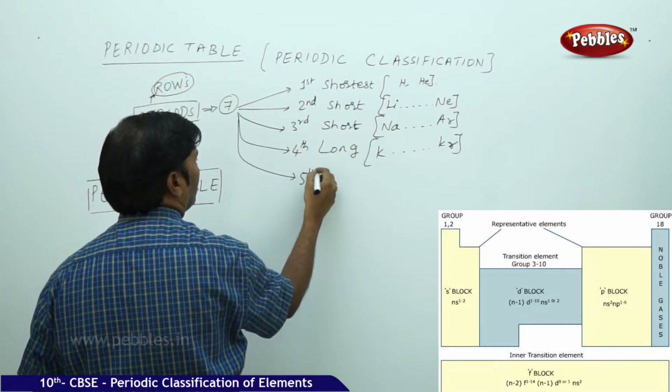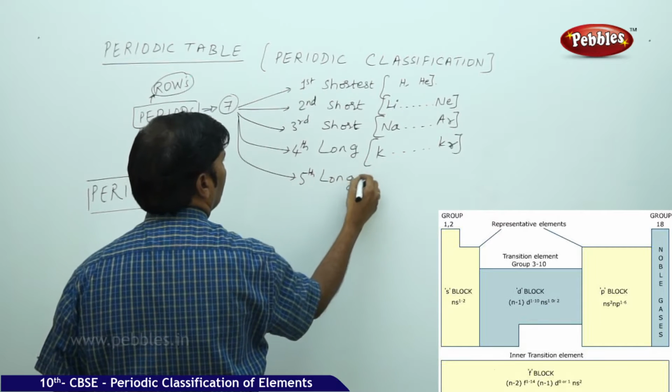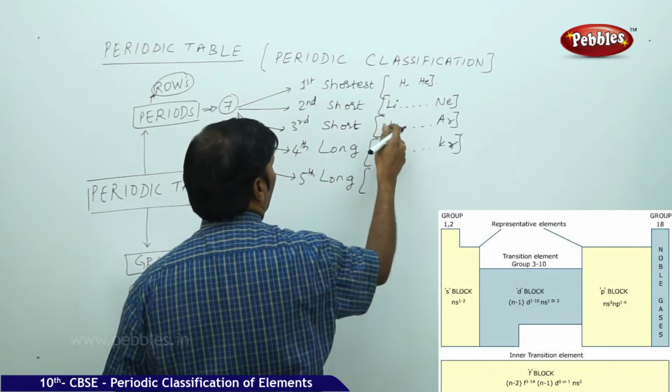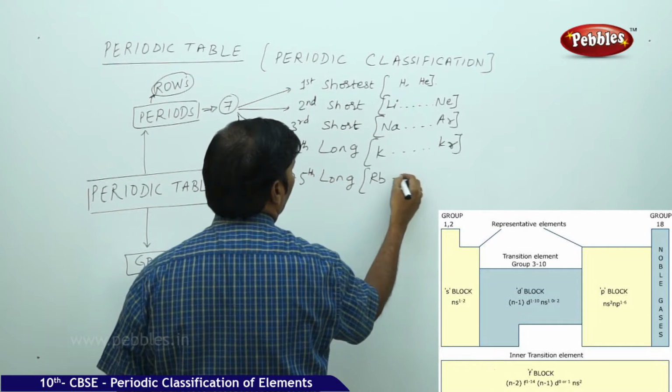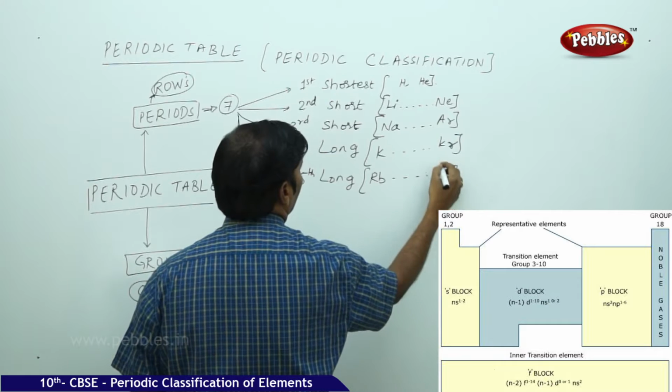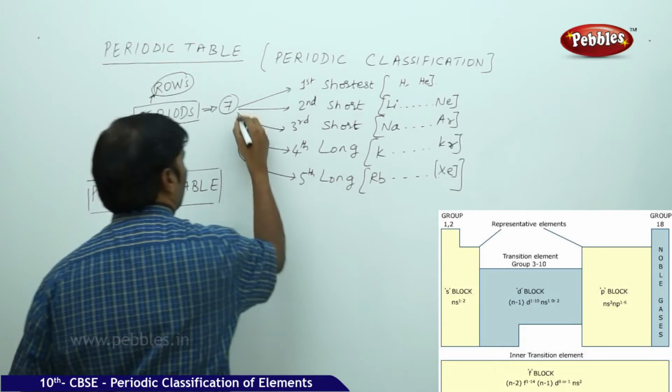Fifth is again long; it starts with rubidium and ends with xenon.